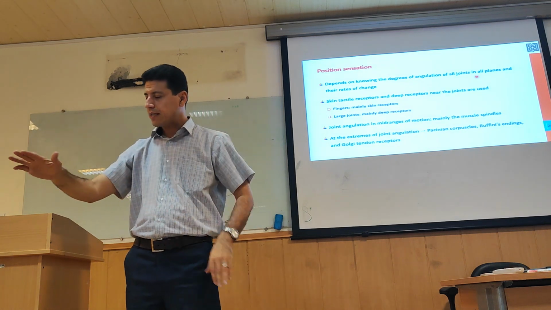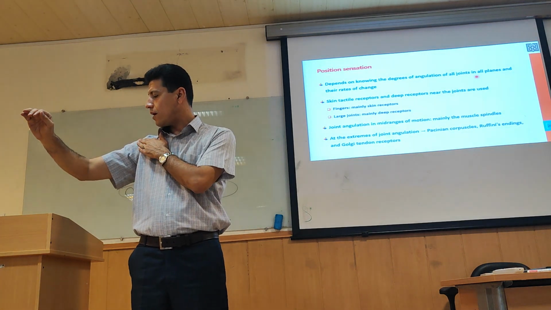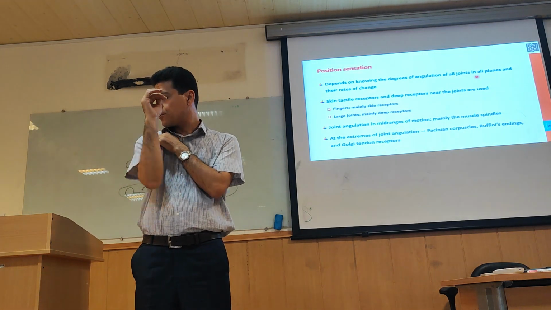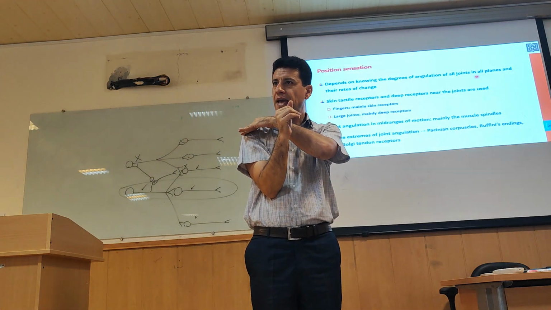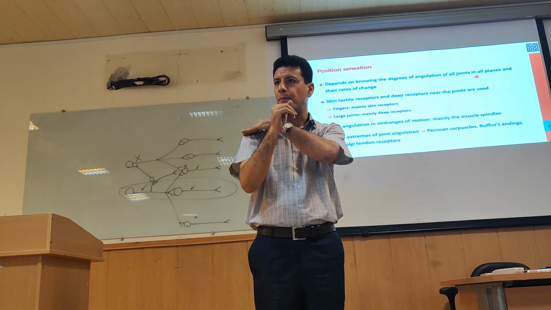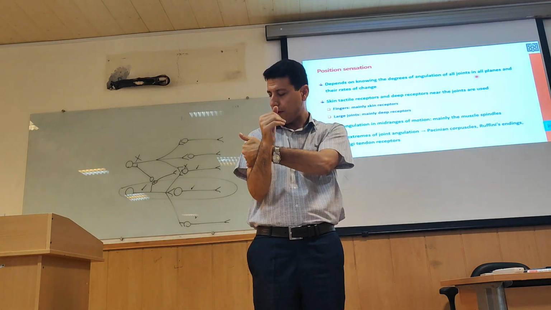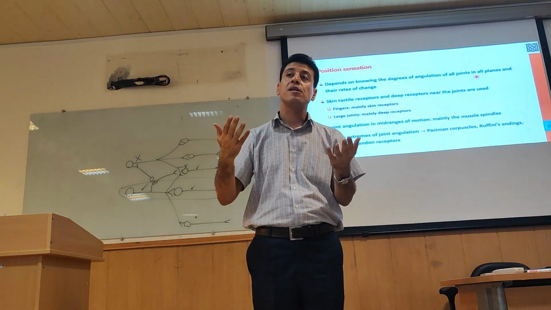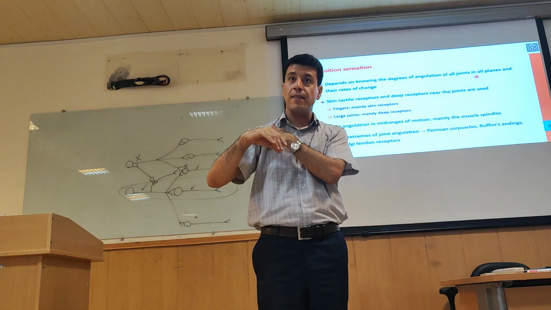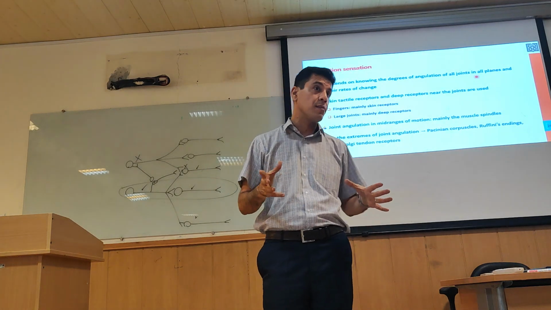But maybe I rotate my shoulder, so bending happens in several planes, okay? Vertical planes, horizontal planes. So position sensation depends on knowing this bending in all of these planes.